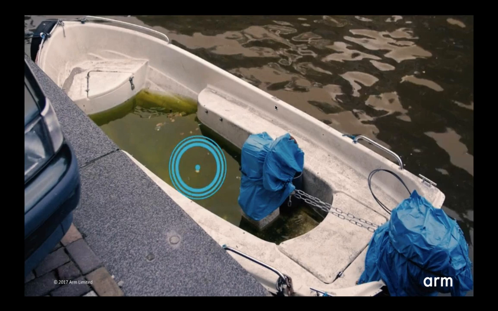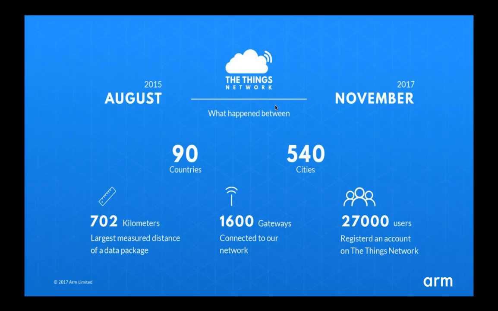And so this was 2 years ago, and in these 2 years, we achieved a lot of things with The Things Network together with the community. So we are now active in more than 90 countries. We have more than 540 communities on our network, which are local groups that organize meetups that are run by a community initiator. You can look on the map to see if there's a community around you.